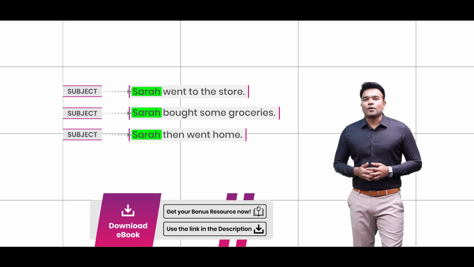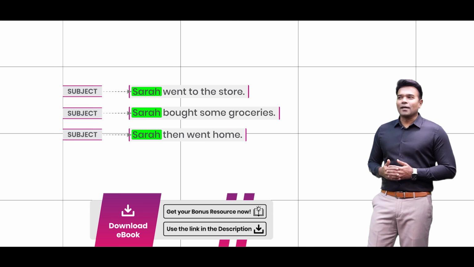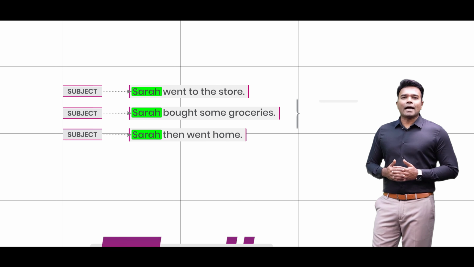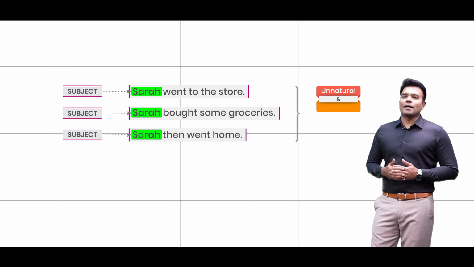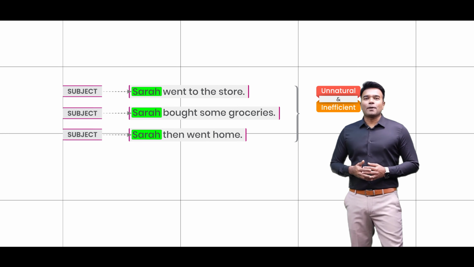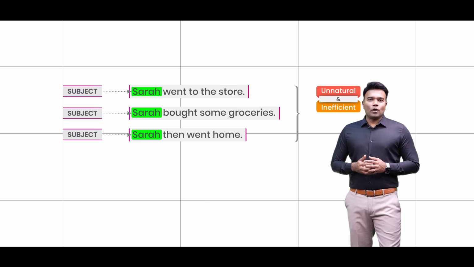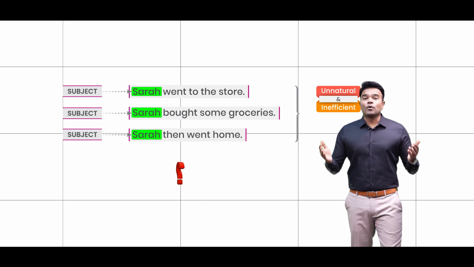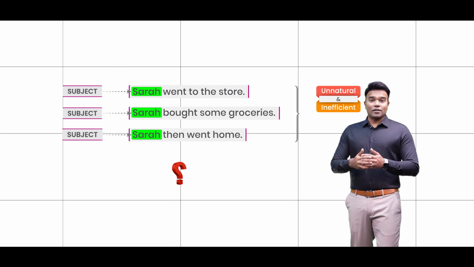But then, I'm sure you can easily notice that all of these sentences lack a natural flow and are definitely an inefficient way of framing sentences in English. So, what is it that we have to do to avoid the repetition of the subject Sarah?